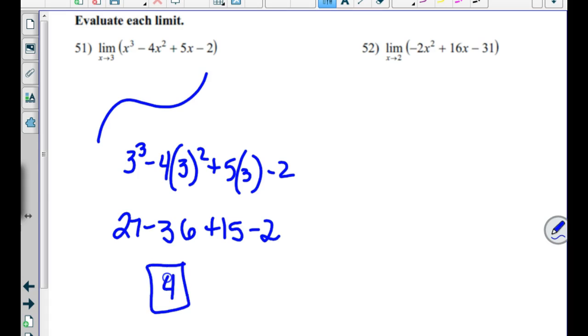I don't know, I got 4. Did anybody get the answer, or anybody graph it? Is it 4?